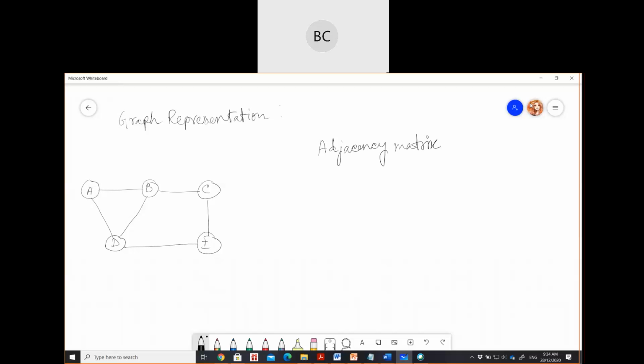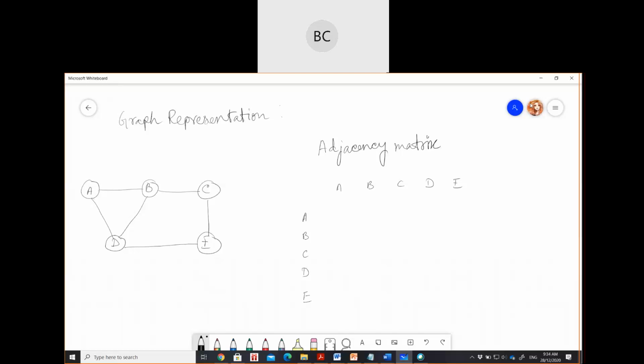You have to find out how many nodes there are. So how many nodes are there? 1, 2, 3, 4, 5. That means the size of the matrix will be 5 by 5. Yes, correct. So you just need to name it in the same way. Suppose the names are A, B, C, D, and E. Here also you have to write A, B, C, D, and E.